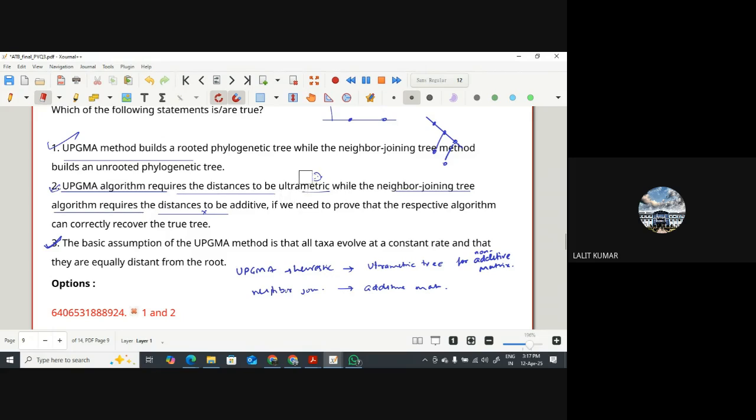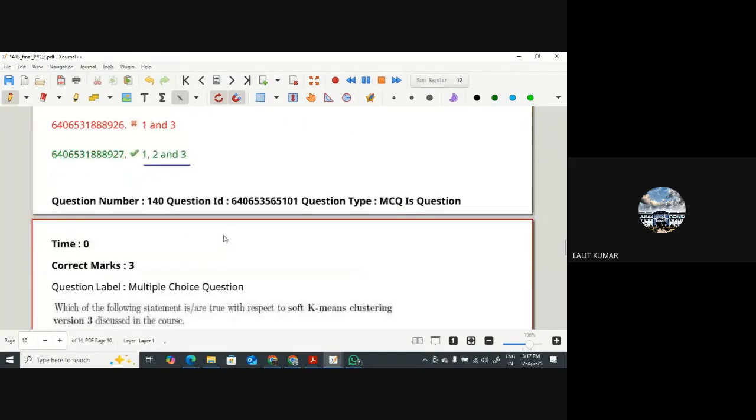First, we identified it is correct. And second, the UPGMA algorithm requires the distances to be ultrametric. So this also has to be true. This we had identified, this is true. This we had identified, this is true. So all 3 options are true. The only key takeaway is that the UPGMA algorithm requires the distance to be ultrametric. Okay. Can we go ahead with the next question?